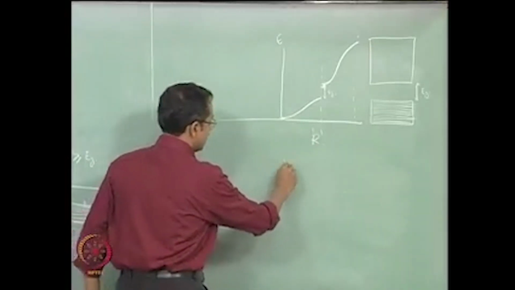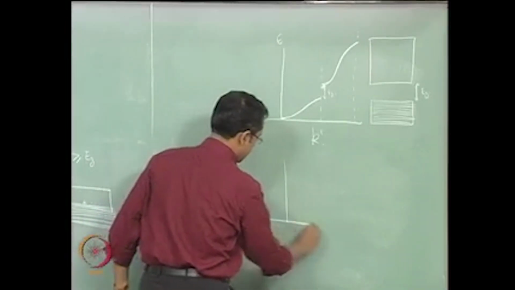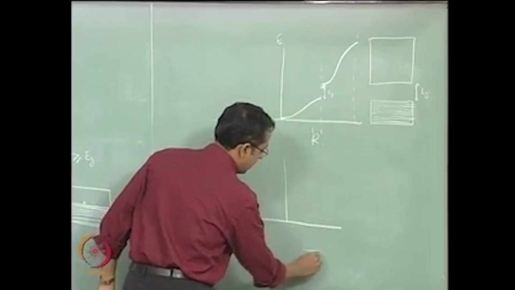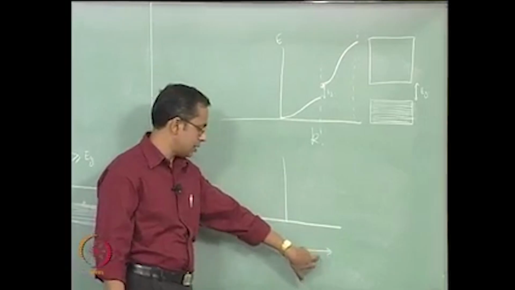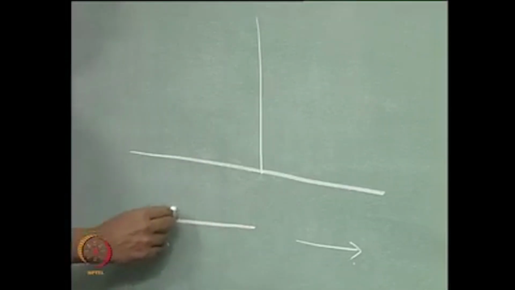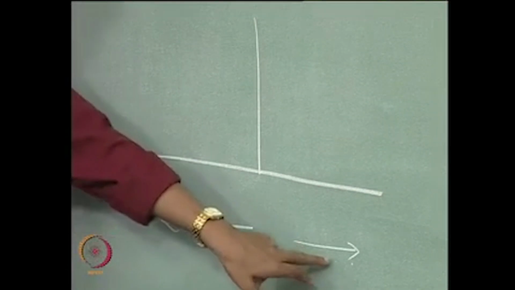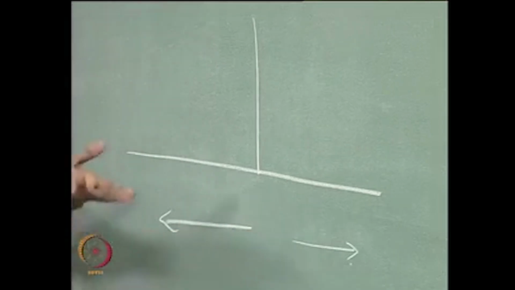So we can easily have a situation where I am plotting one direction in the lattice symmetry along this side and a completely different direction along this. Let us say this is the 110 direction, this is the 111 direction.